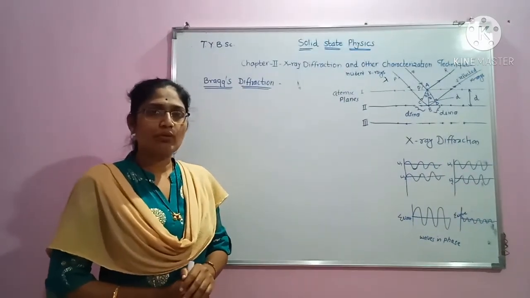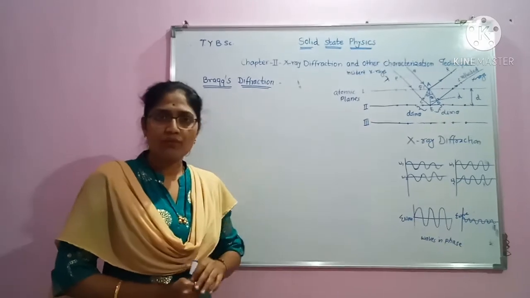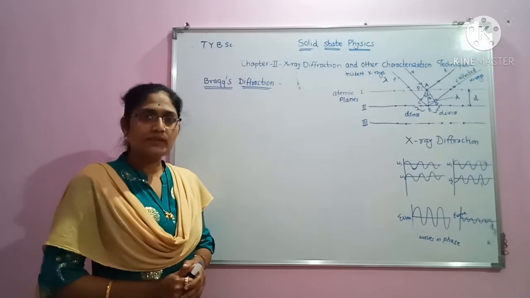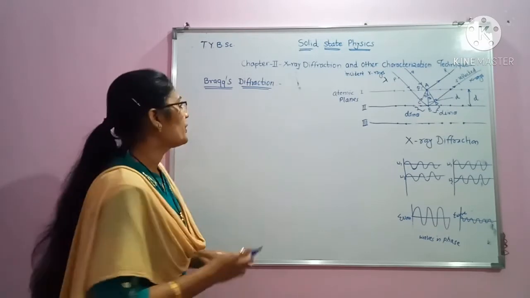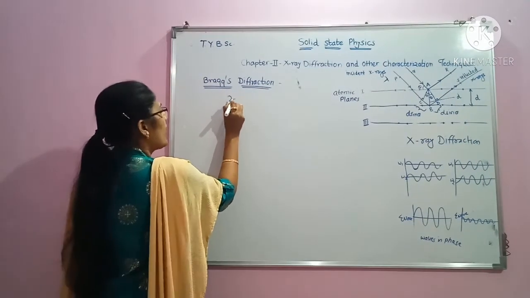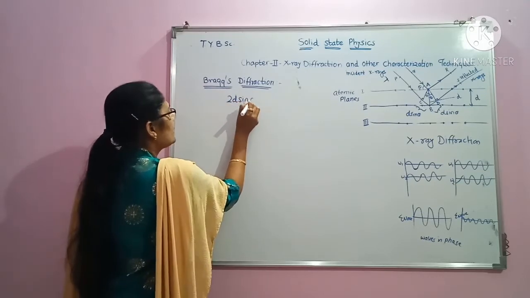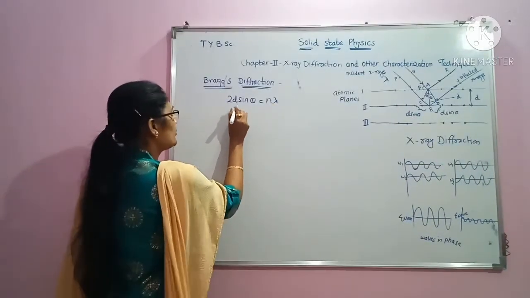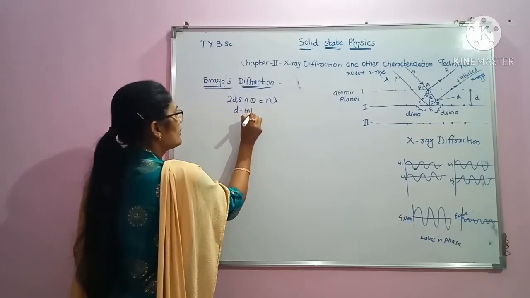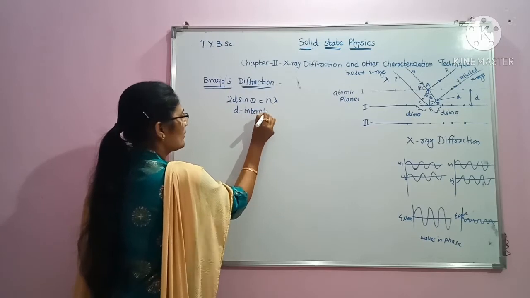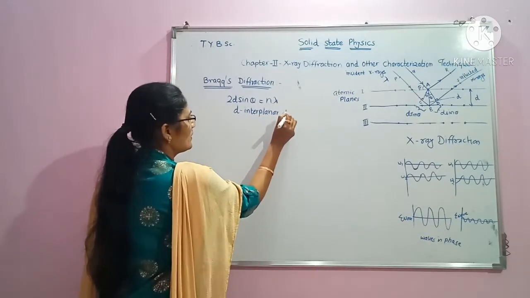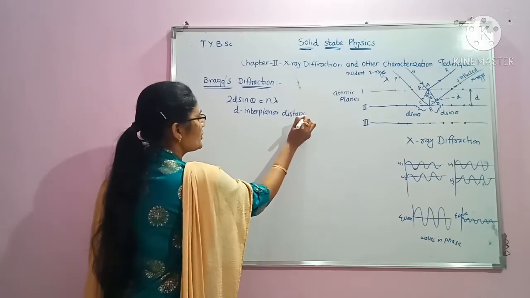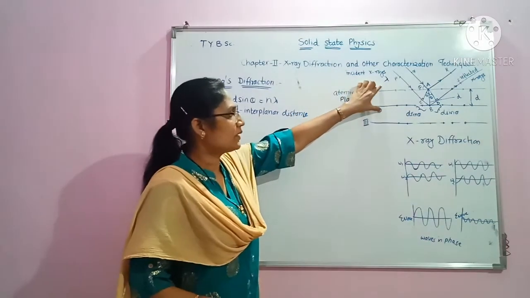According to the statement of Bragg's law, reflected X-rays will show maximum intensity if the path difference between them is an integral multiple of lambda, and we have derived Bragg's law as 2d sin theta is equal to n lambda, and in that d is nothing but the interplanar distance, that is the distance between two parallel planes.